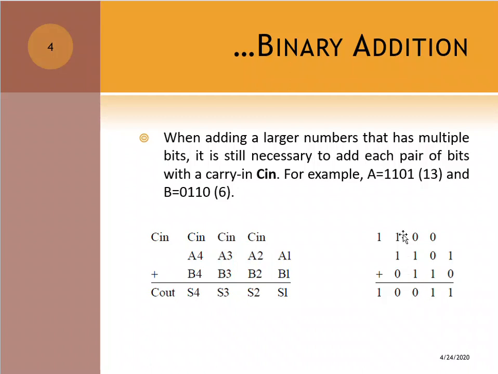We have to carry the 1 to the next. Then C in will be 1. 1 plus 1, 2, 2 equals 1, 0, so 1 is brought to the next. The last one here will become C out. So the answer is 1, 0, 0, 1, 1.